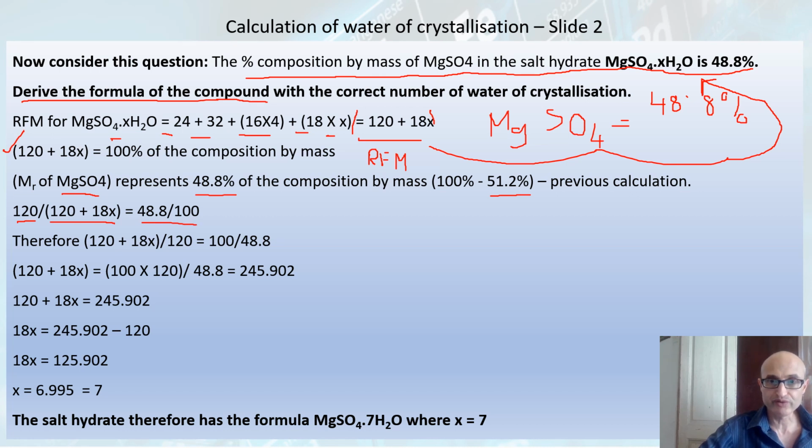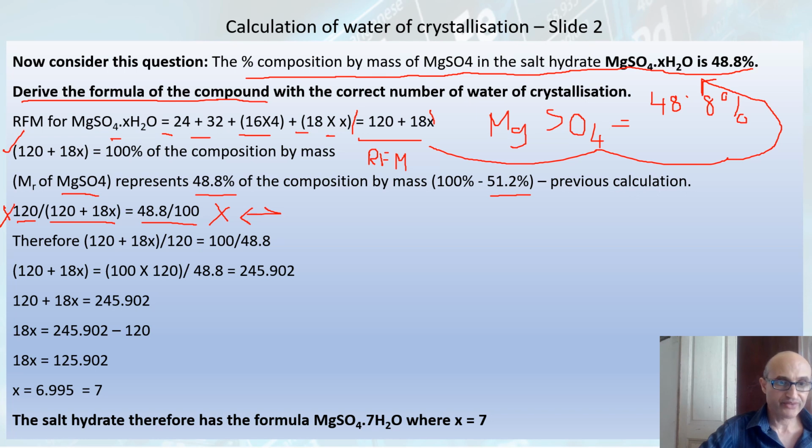Isn't that what we said over here? The percent composition by mass in the first line of MgSO4 in the hydrate is 48.8%, so that's exactly what I'm doing over here. By dividing the relative formula mass of MgSO4 alone, the 120, by the whole of the hydrated compound, that is 48.8%, which is over here. I'm referring to this line over there.